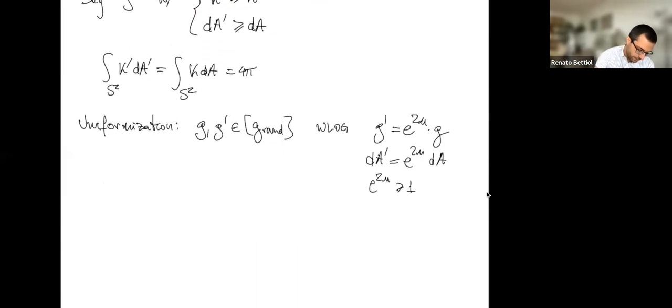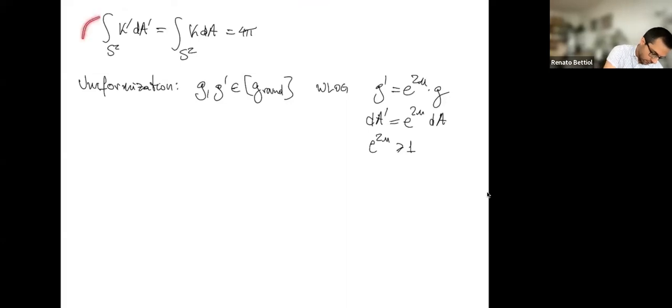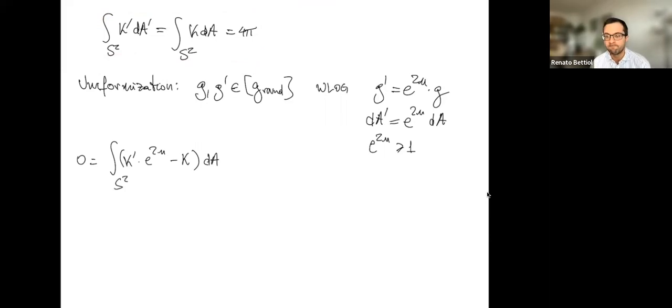With this, I can compare these two integrals with the same measure. If I put both on the same side, I get the integral of K prime e to the 2u minus K, with respect to the original area element. This should be equal to 0. I just replace dA prime with e to the 2u dA and move it to the other side.